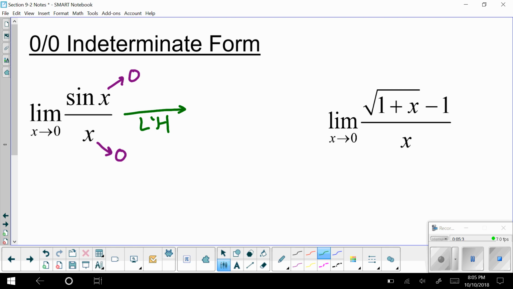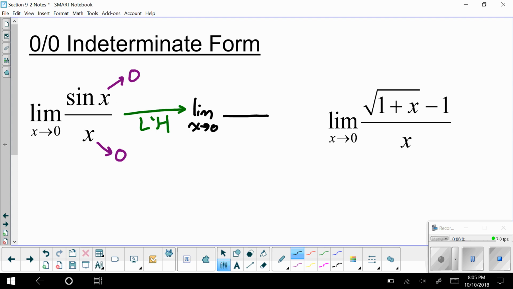So when I apply L'Hopital's rule, I haven't found the limit yet, so I still need the limit as x approaches 0. I'm still going to have a quotient, but because this is L'Hopital's rule, it's no longer a quotient that we're thinking of. It's actually a ratio where we're comparing sine of x to x.